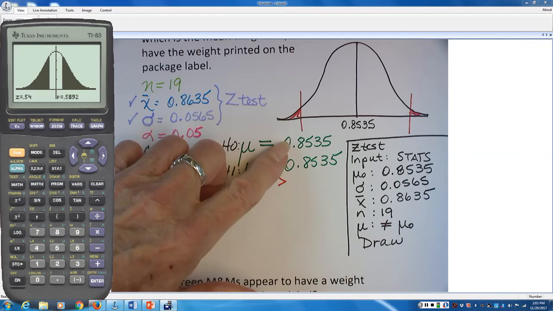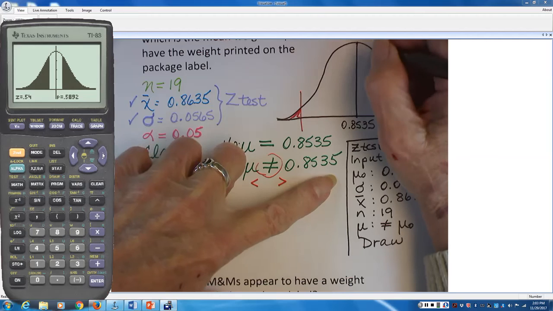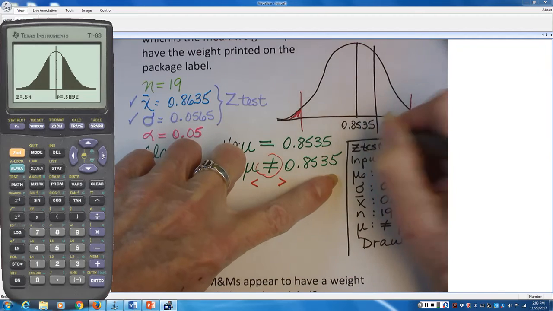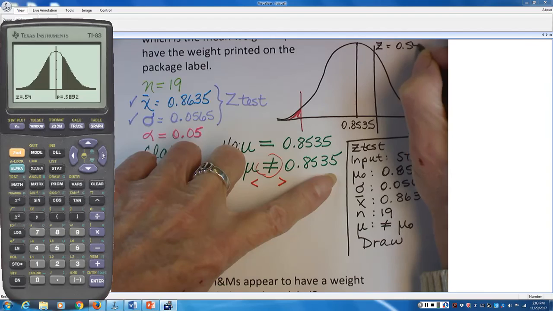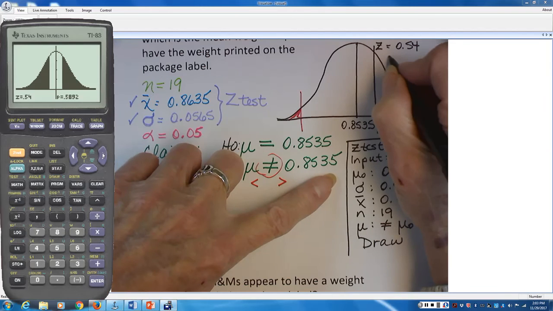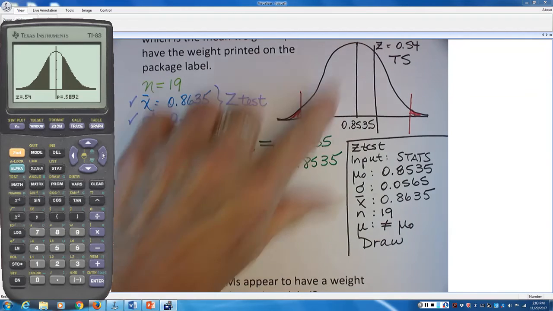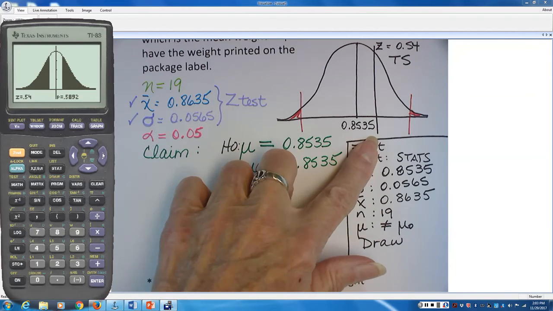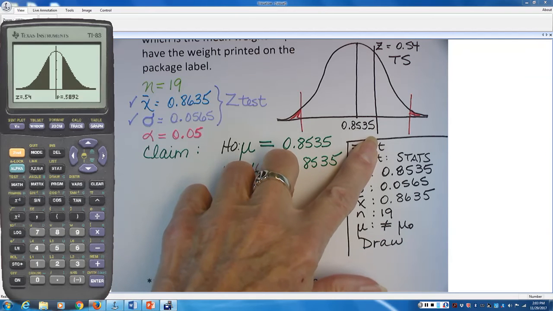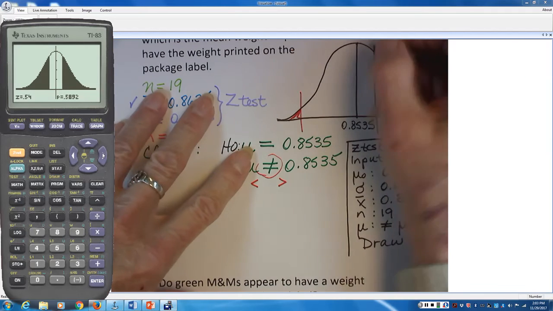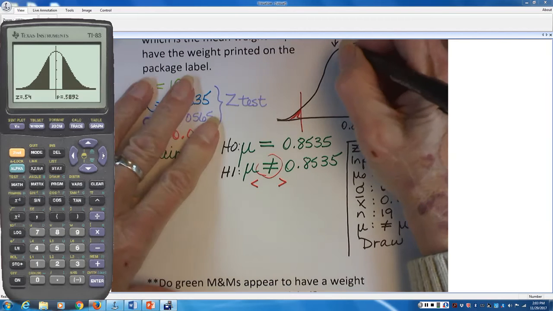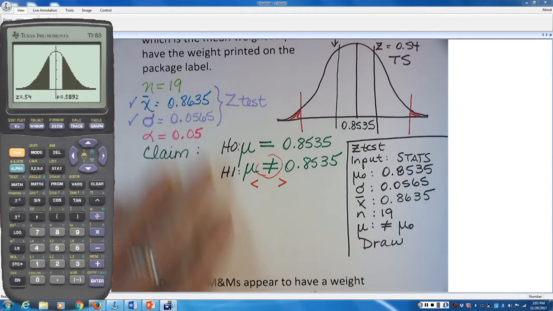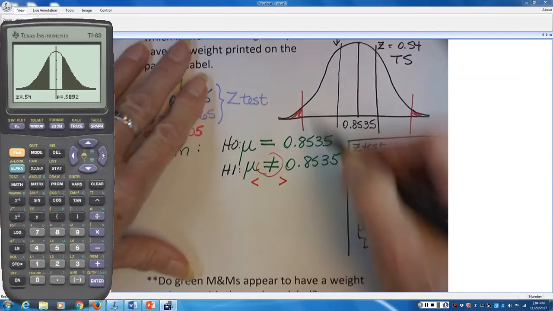It says the Z value is 0.54. That's your test statistic. So this is where your sample mean actually fell in relation to what they say the curve should have looked like. Now the reason for the other side is because since we said it could have been less than, it would be just as likely that the sample could have fallen on that side. So there's the other half of your p-value.